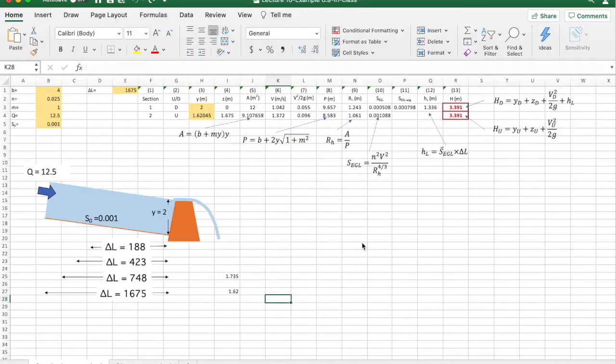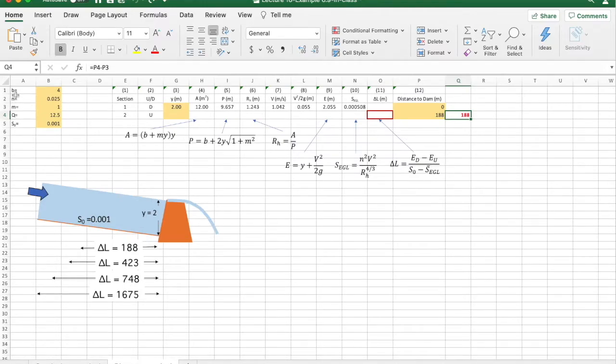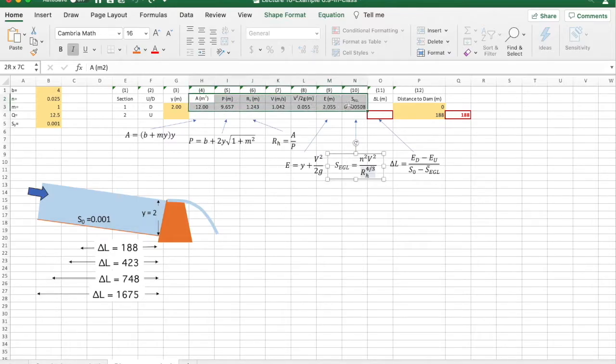Open the Excel file and switch to the second sheet. This is the direct step method. Over here, the information about the channel has been put here. The concept is almost the same as the previous problem. So we will use these equations to determine the component values in these columns.